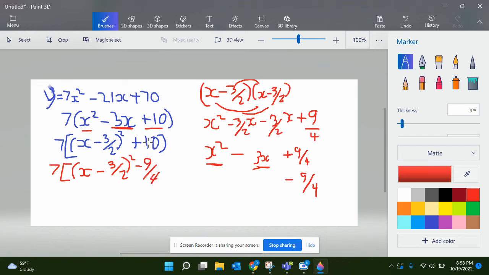Okay, and then instead of saying plus 10, I'm going to turn this into a fraction over 4. Okay, and in order to turn a 10 into a fraction over 4, you just multiply 10 by 4, which is 40. So I'm going to say it's plus 40. And then you just keep the 4 as a denominator. And that's it. 40 over 4, you guys know that 40 divided by 4 is 10. Okay, close the big bracket.